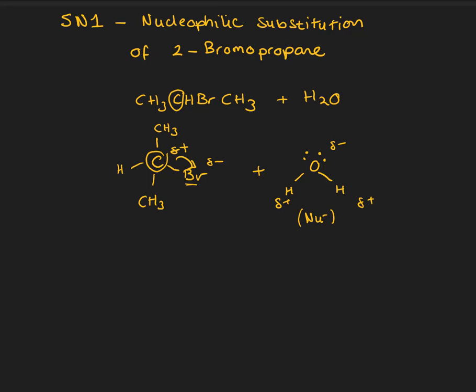So what we end up with is carbon, CH3, and its hydrogen's all still there, and its positive charge. And this is our secondary carbocation, isn't it? Because the positive charge carbon is bound to 2 other carbons. So this becomes a secondary carbocation.